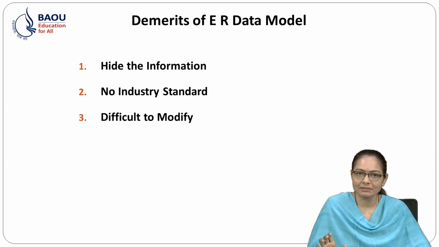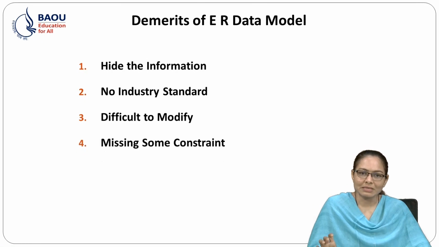ER models can be difficult to modify once created. Any changes made to the model may require extensive rework, which can be time consuming and expensive. Next is missing constraints, because depending upon different logical perceptions, at times it is not possible to specify most of the constraints diagrammatically.